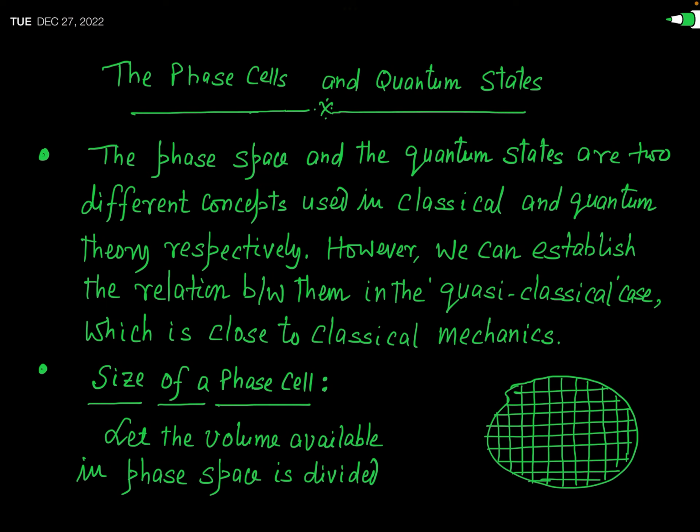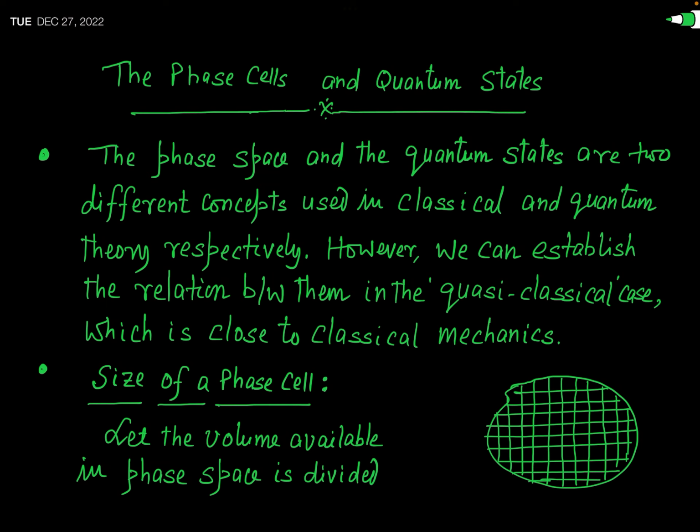Actually, when we study the classical statistics or the quantum statistics, you will see that we deal with the law of distribution of particles, both in classical and quantum statistics. The basic problem is how to distribute a particle into a phase space or in a quantum state.